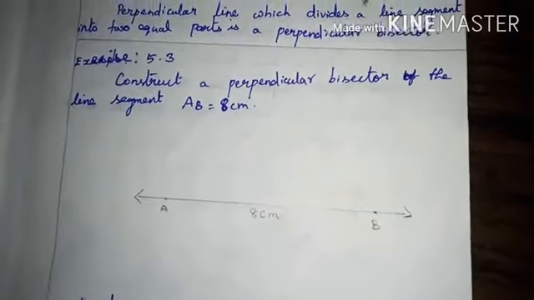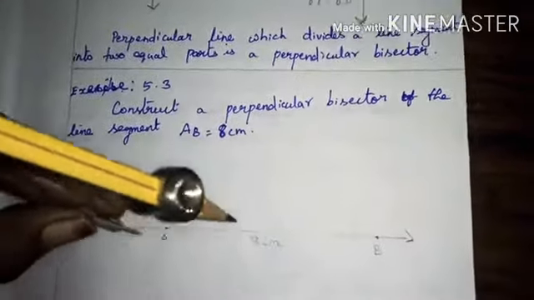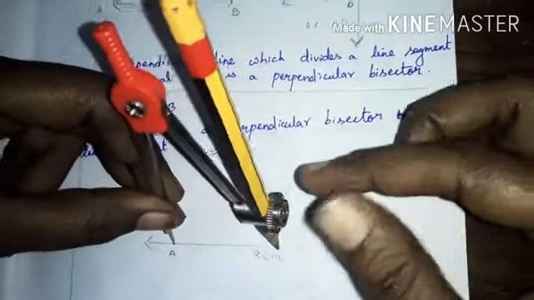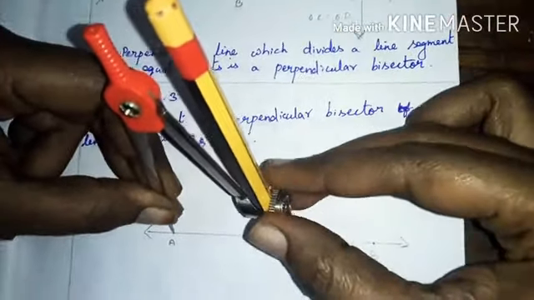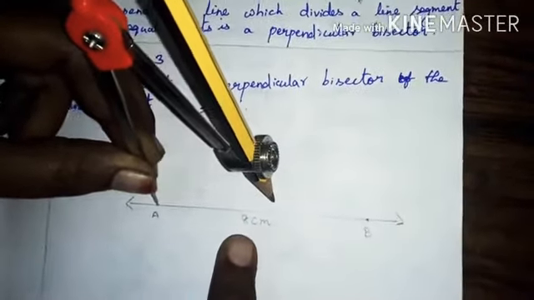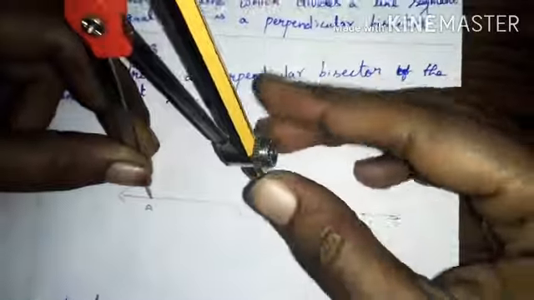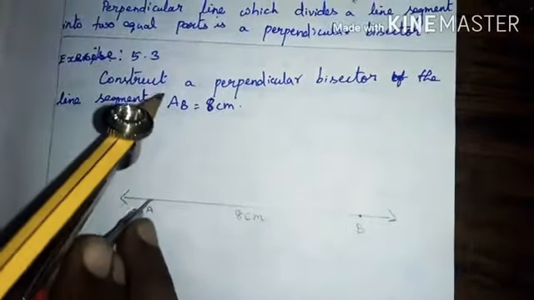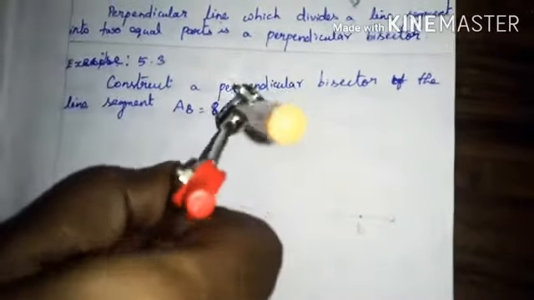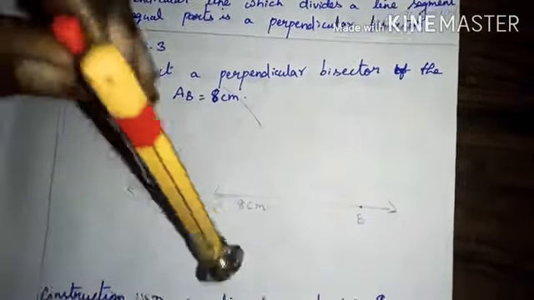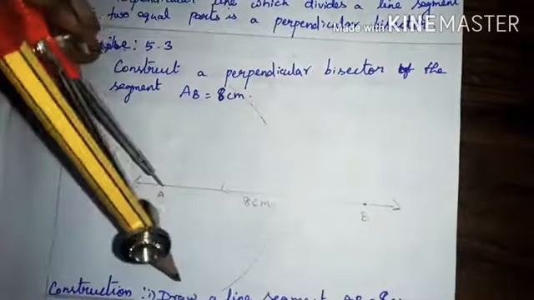Then take the compass, keep it at A and take a measure of more than half of the line segment. The half of the line segment is 4. You have to take more than 4 cm and cut arcs, one above the line AB and one below the line AB.